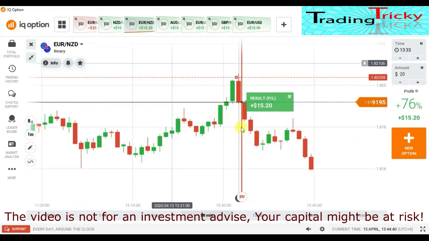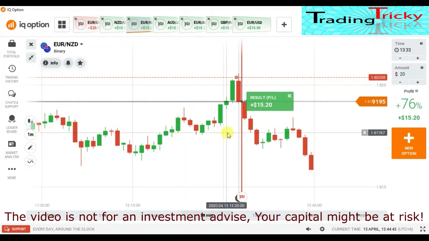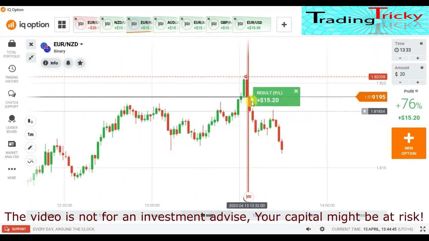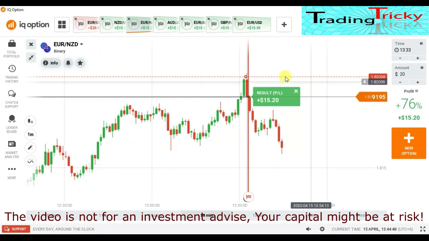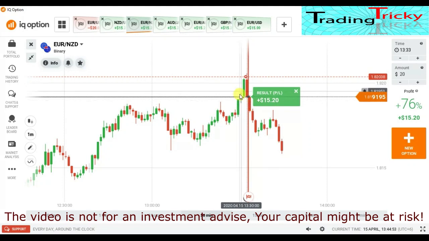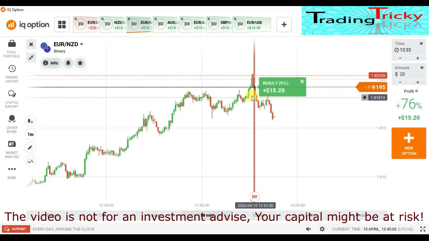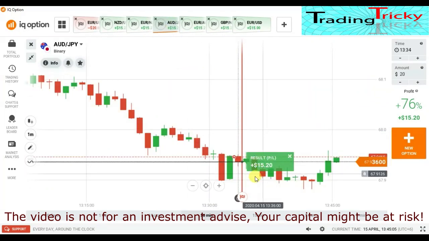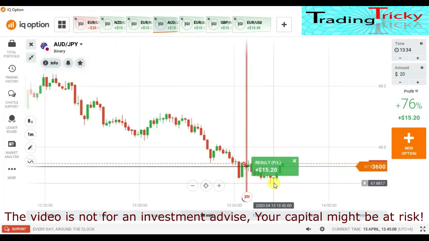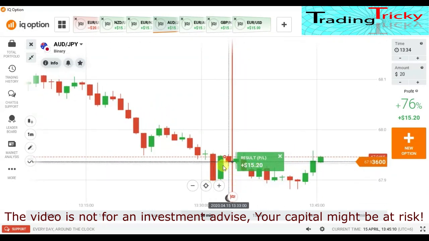Okay, and this was my third trade, because I saw that the candle just broke that round number, and that candle was a strong candle, and the previous candle had a weak buyers' entry. That's why I placed a lower option with some marginal safety, and I won this trade. And this was my fourth trade. I saw this is a downtrend, and here I can see some strong buyers' entry from the round number.